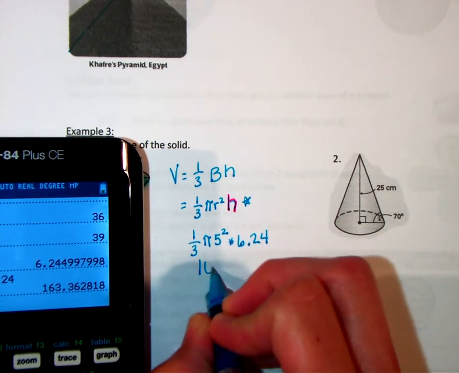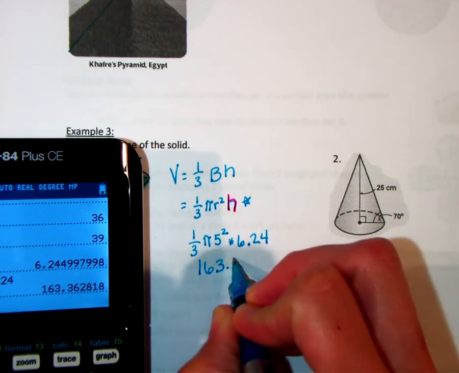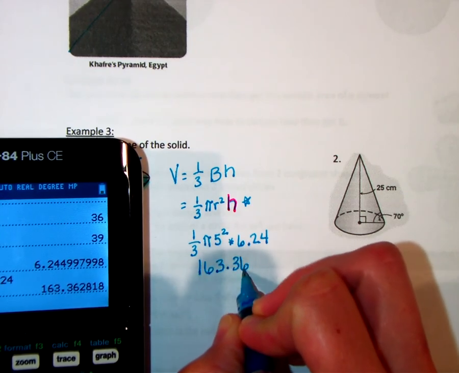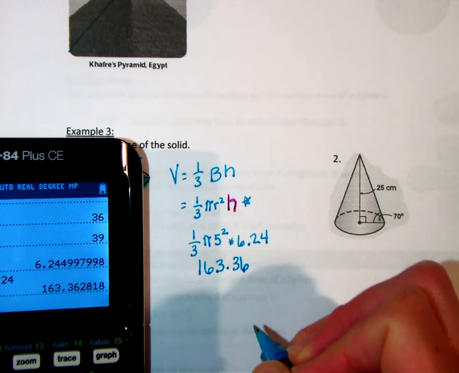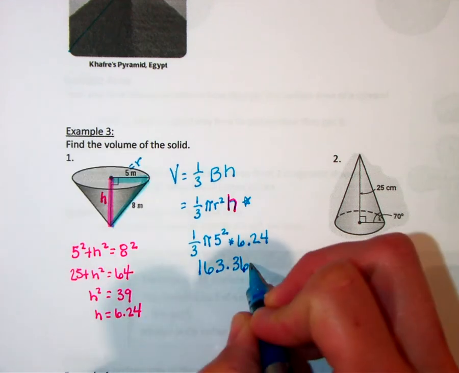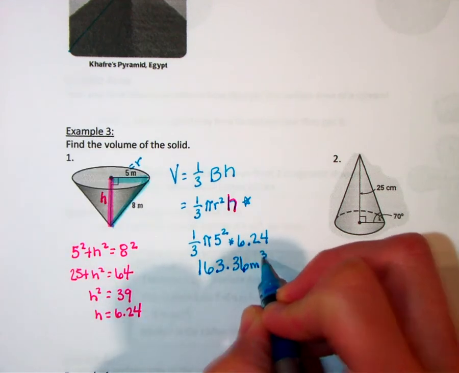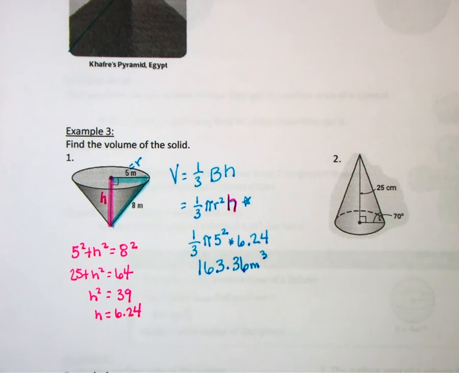Okay, so I've got 163.36, and that would be meters cubed.